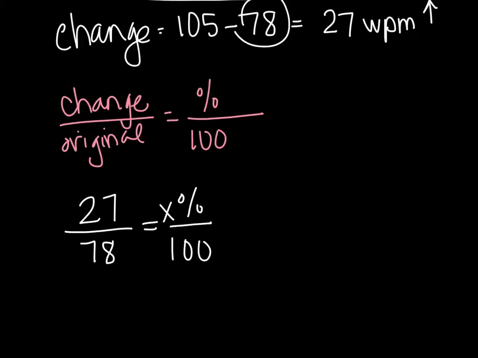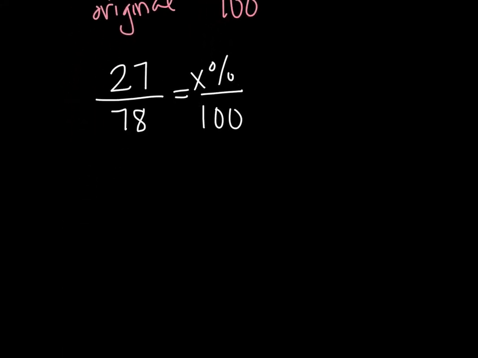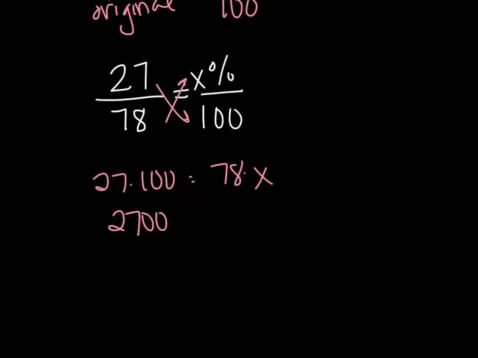Okay, so we're still going to cross multiply and divide. 27 times 100 is equal to 78 times x. 27 times 100 is going to give us 2700 is equal to 78x. Isolate your x by dividing both sides by 78.